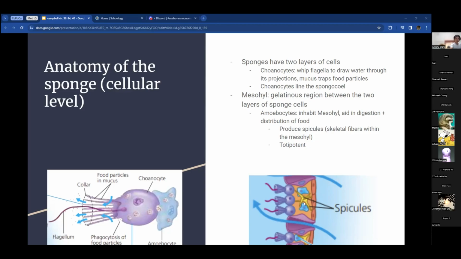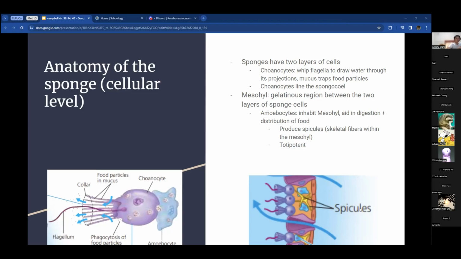I think they can be made of glass, which is why you should be careful around sponges. Silicon dioxide. These spicules provide some support to the overall sponge, because if you've seen some of the larger sponges, there are people who stick their entire hand into it. And if the wall was only 2 cells thick, then any kind of current could blow it away.